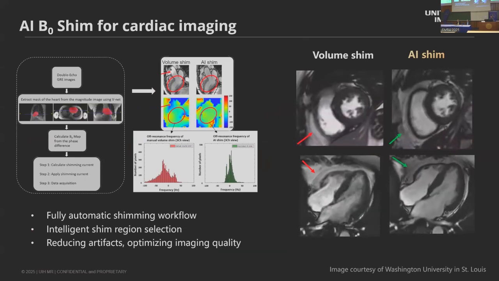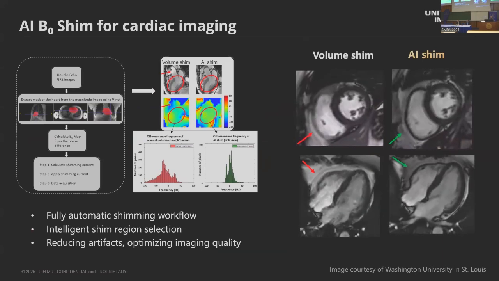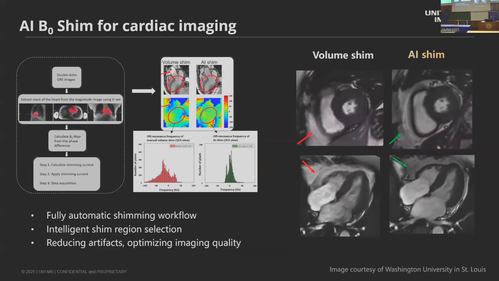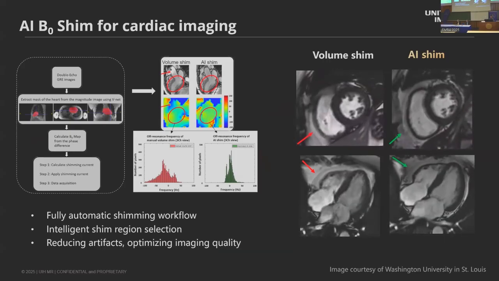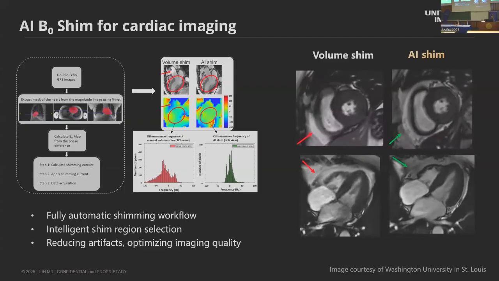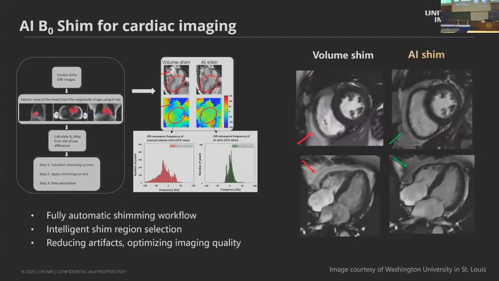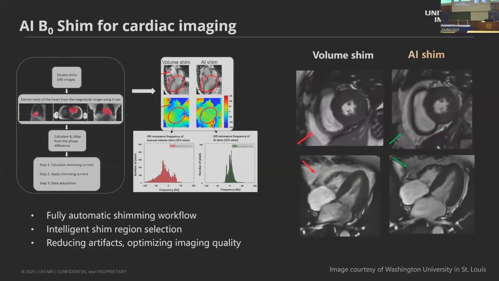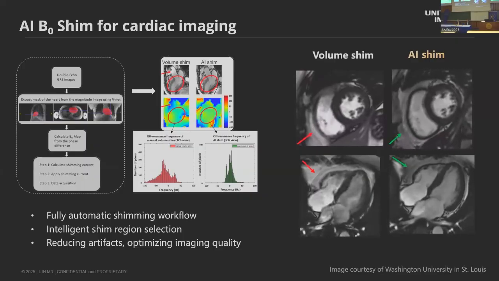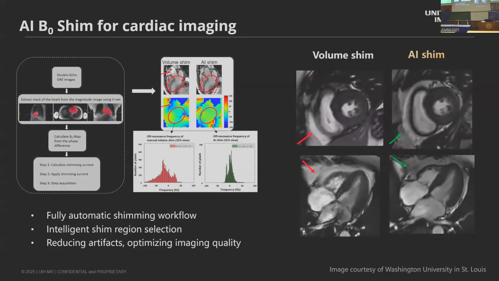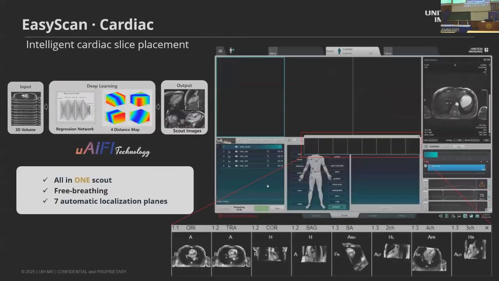So for example, for the B0 field shimming, we use an AI workflow to automatically select the optimized region for the shimming over the heart to ensure a highly uniform B0 field distribution over the heart. So this feature does not require any manual interventions, and it is integrated with all the cardiac scans.